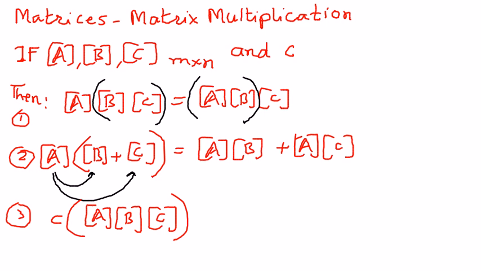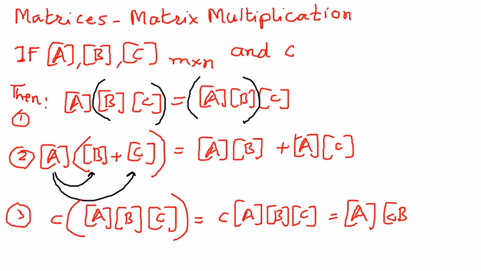There is no positive sign or negative sign separating the matrices A, B and C. It is matrix A times matrix B times matrix C. We can either distribute the constant to matrix A and then write the rest of the matrices next to them like that, or distribute the constant to matrix B, like this: matrix A times C times B, or distribute it to every one of the elements inside the matrix B and then write the matrix C like that.